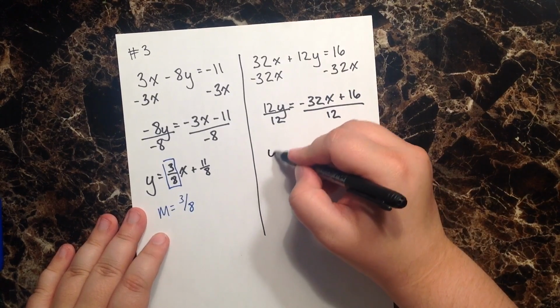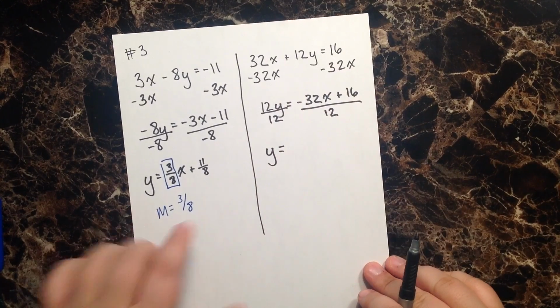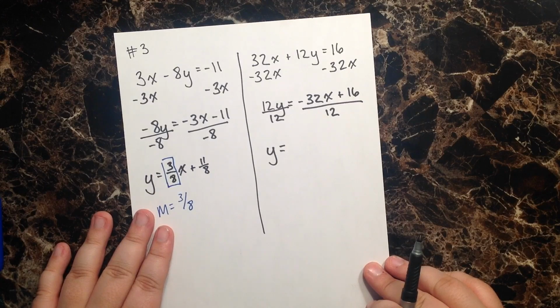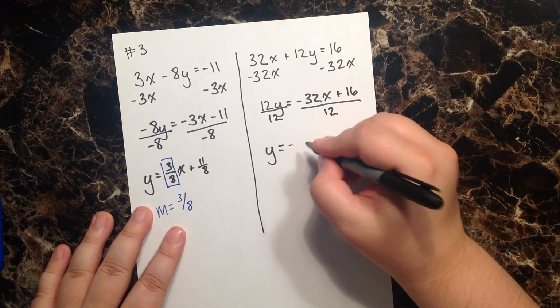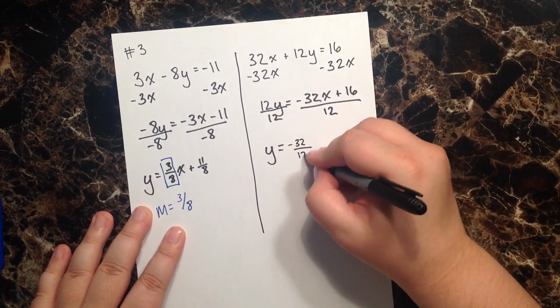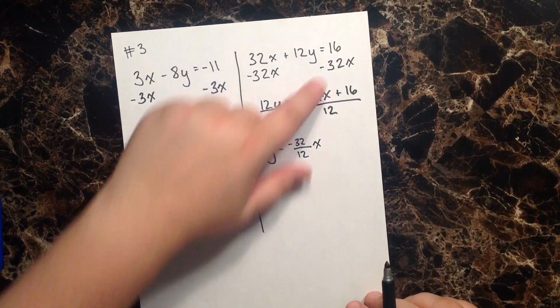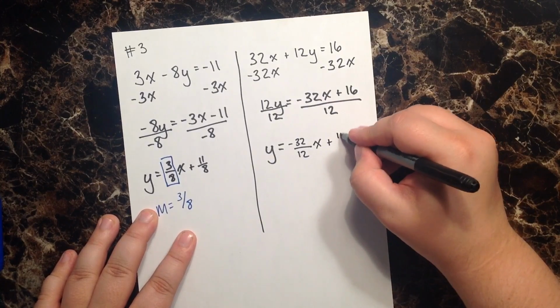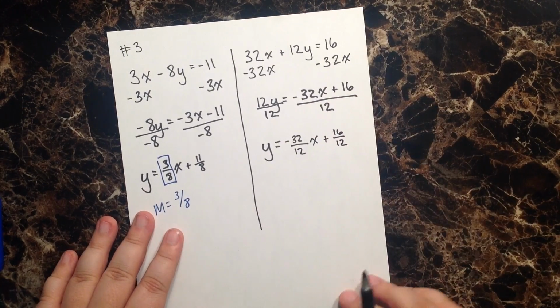I'm left with y equals negative 32 over a positive 12, and 16 over 12. We'll write that, and then reduce.